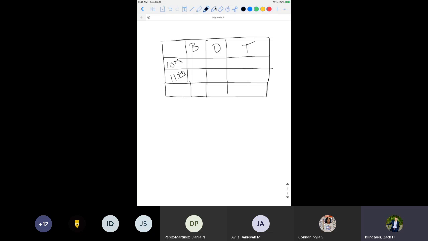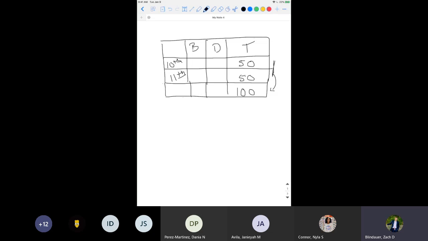Of the problem, they said 100 people were interviewed, so the total for everything should be 100. There were 50 10th graders and 50 11th graders interviewed. These two lines should add up to the bottom line, a total of 100 people interviewed.